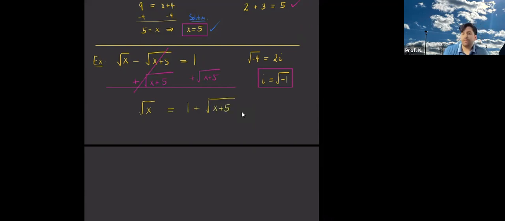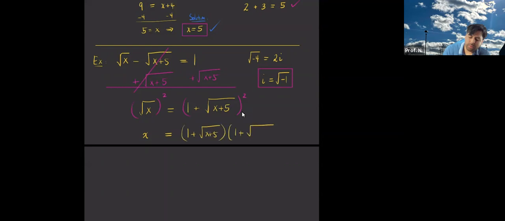So this is what we have, right? After we add the radical expression. And then what do we do? We square both sides. So when we square the left side, what do we get? We get x. And look at the right side. We get 1 plus the square root of x plus 5.